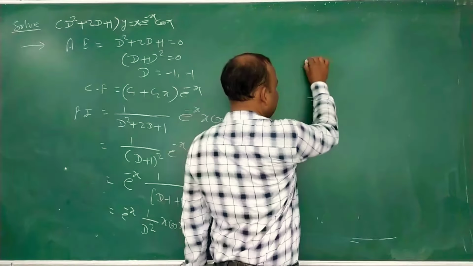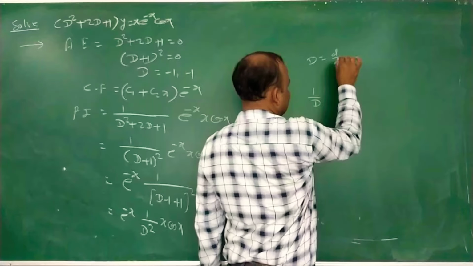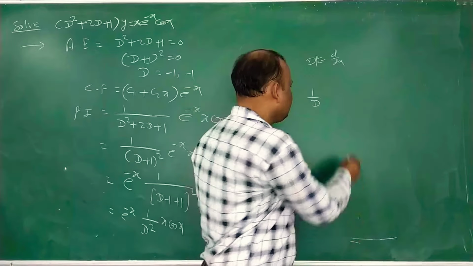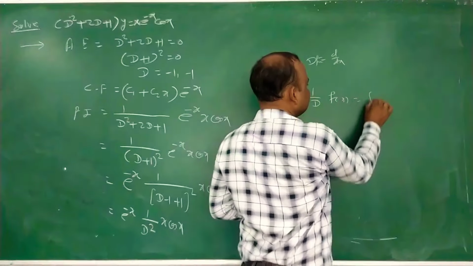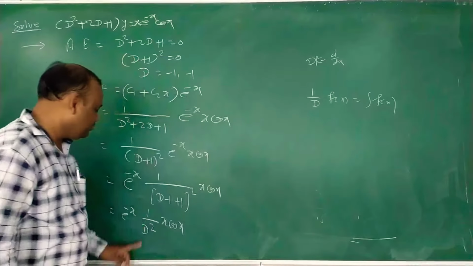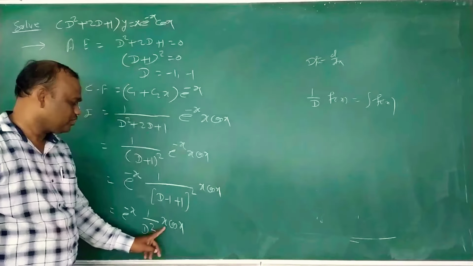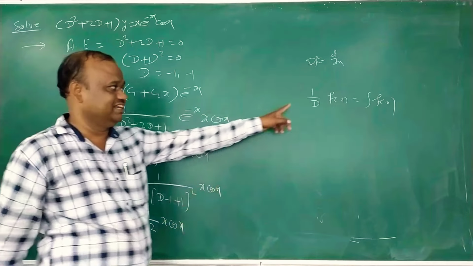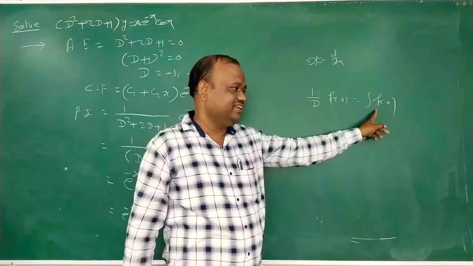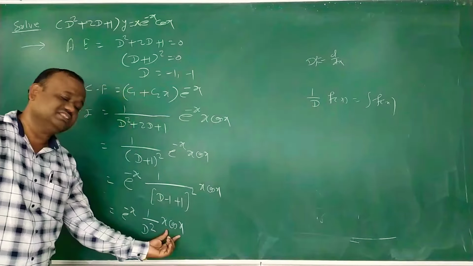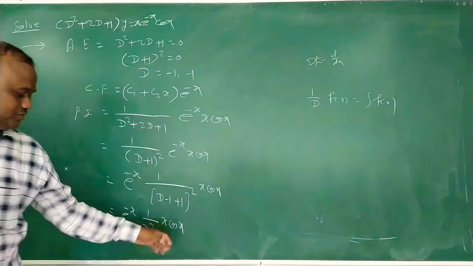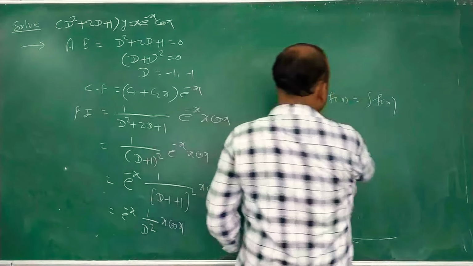Means if we take capital D as d/dx, then D of f(x) we can write f'(x), that is the derivative of f(x). So 1/D of f(x) we can write as the integration of f(x). Same here, 1/D², you can take double integration. If single D is there, then single integration. If D² is there, then double integration. So you can take double integration of x cos x also if possible. If not possible, then use the x into v formula. I think by x into v this problem is simple. So don't use integration.